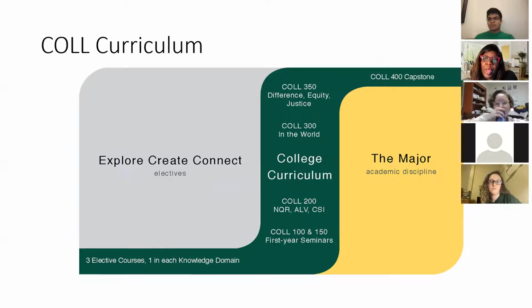I'll go through and break down what each of those are and how you can navigate registering for them. This is the swoop that they have, which gives you a really easy snapshot of what those courses are.